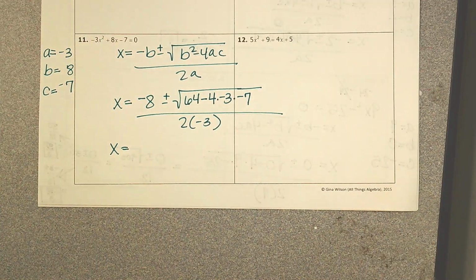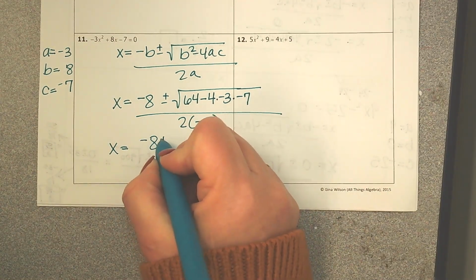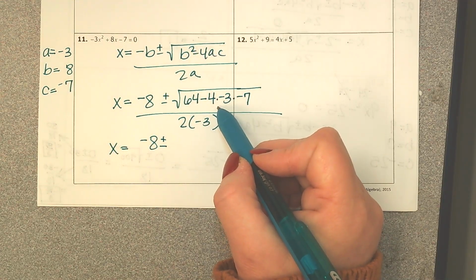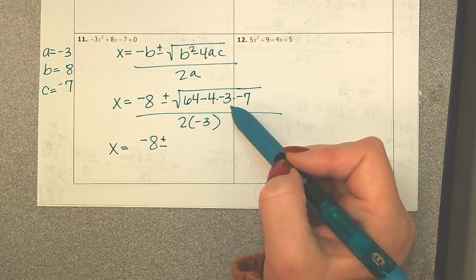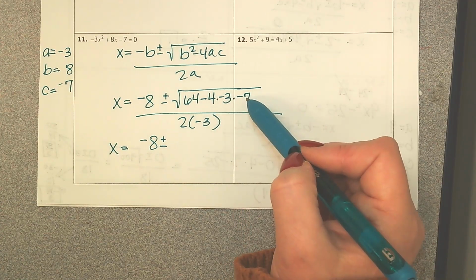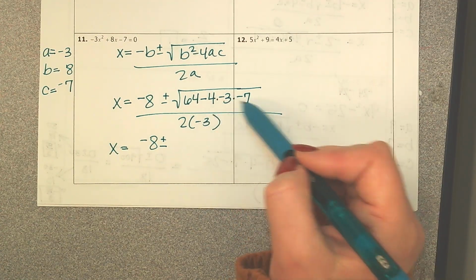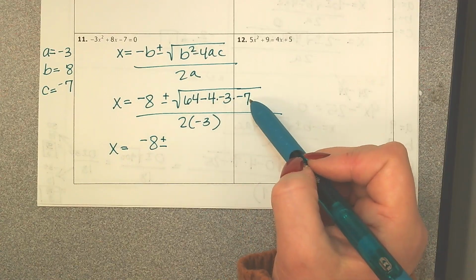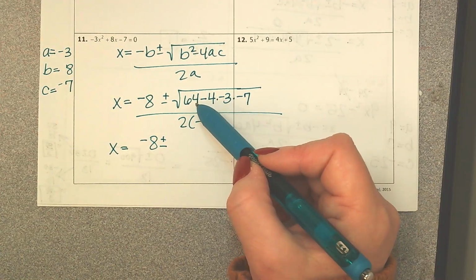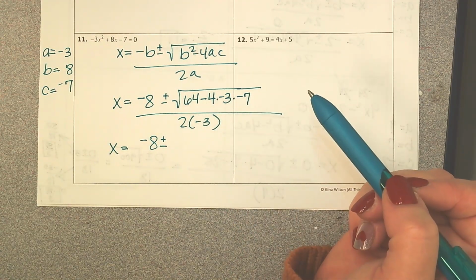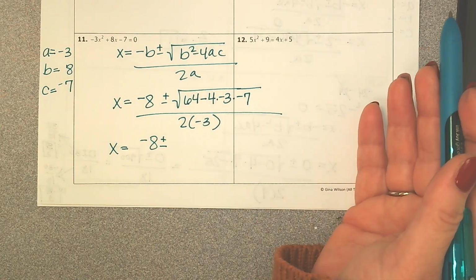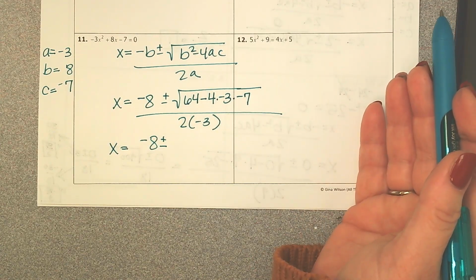So what do I have under my radical? Negative 6? No. 64 plus or minus, what's 4 times 3 times 7? There's 3 negatives, so it's going to be negative. 64 minus 28 times 3. 64 minus what? Negative 84.